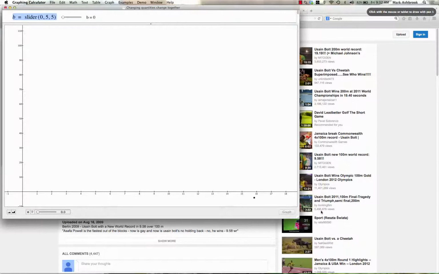We've got x and y. So x is going to be time in seconds since the scooter left the sidewalk, say.